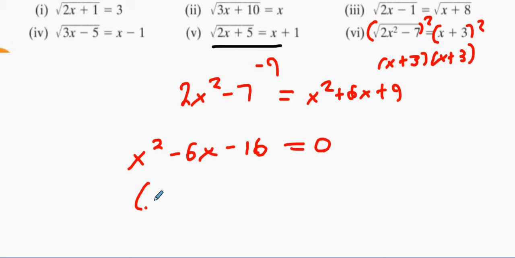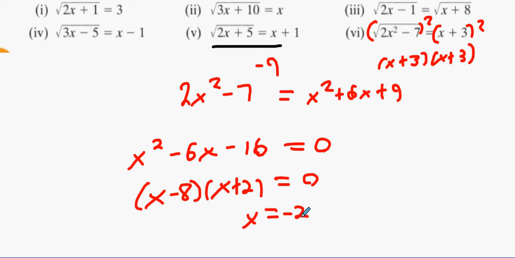You get x minus 8, x plus 2 equals 0. X equals minus 2, x equals 8. Alright, they're too easy. If you were to get that, it'd be like a part A, part 1, 5 marker. It's not challenging. Now, part 7 is different.